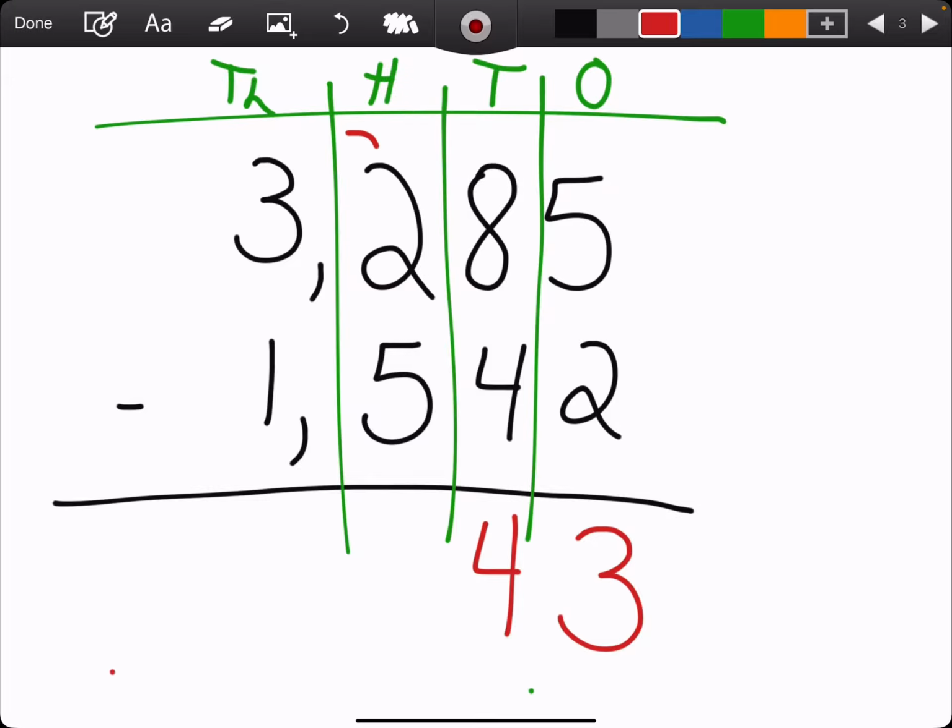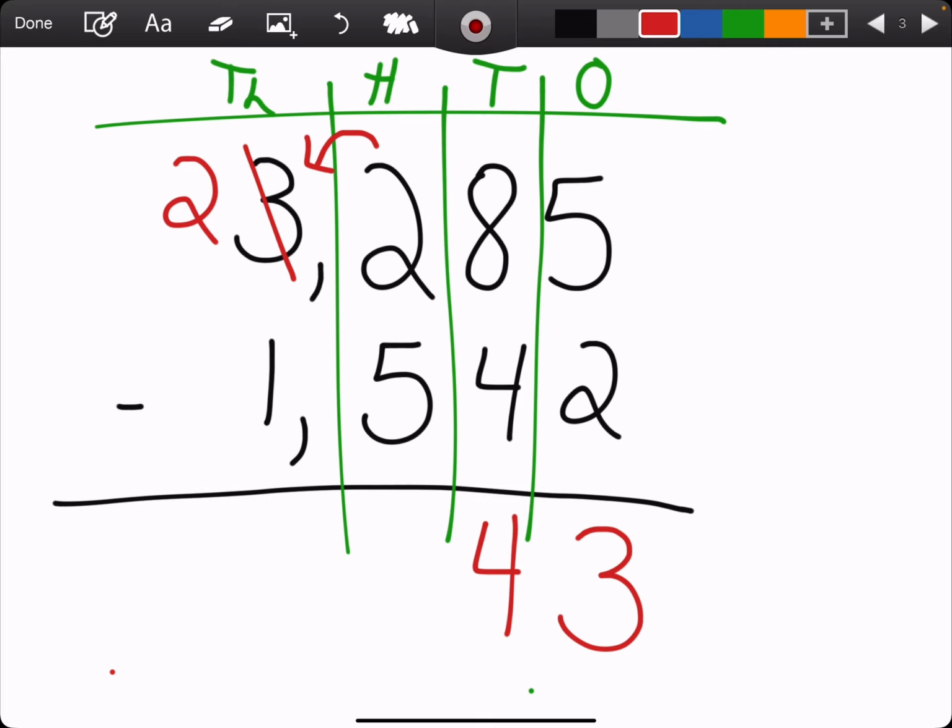I have to go next door to the 3 in the thousands place, okay? And I'm going to unbundle. I'm going to take away one of those thousands and be left with 2 thousands. So now if I take 1,000 and my one of those thousands goes next door into the hundreds place, what do I have?